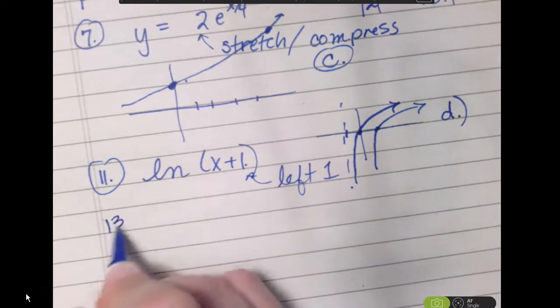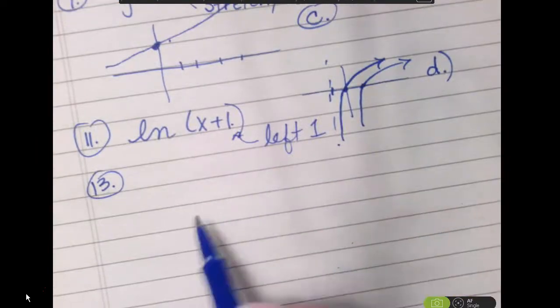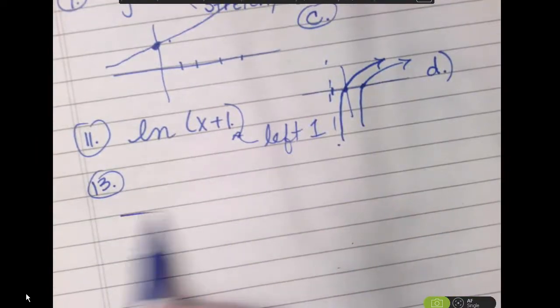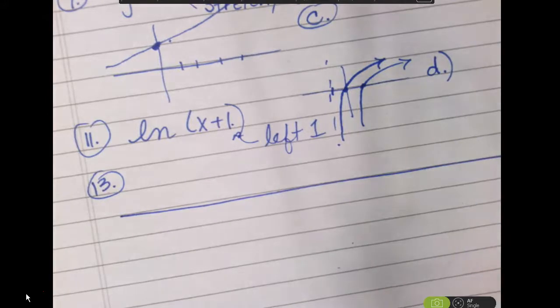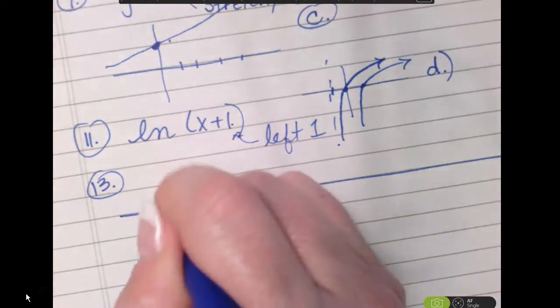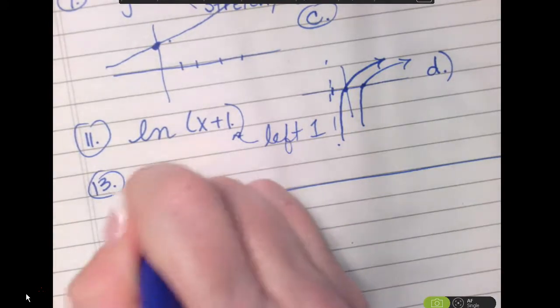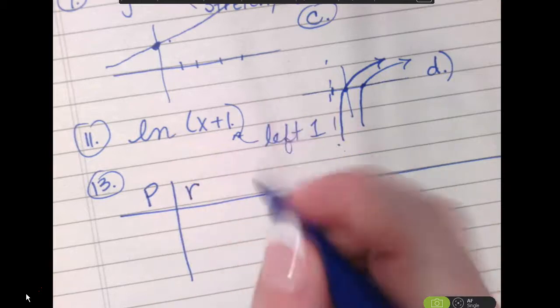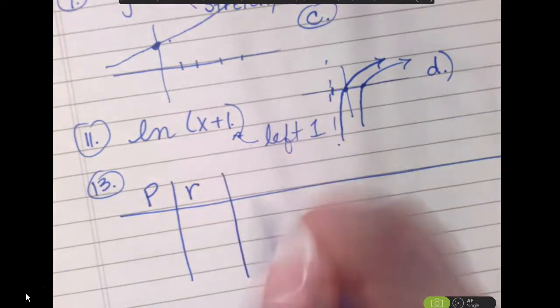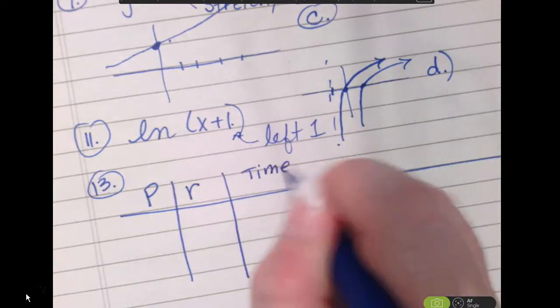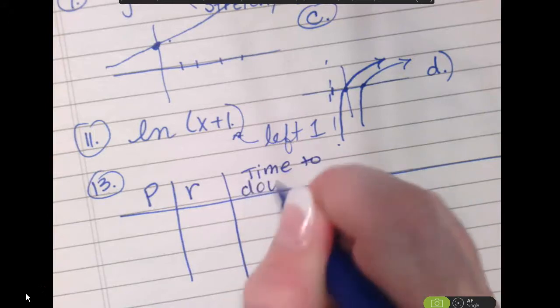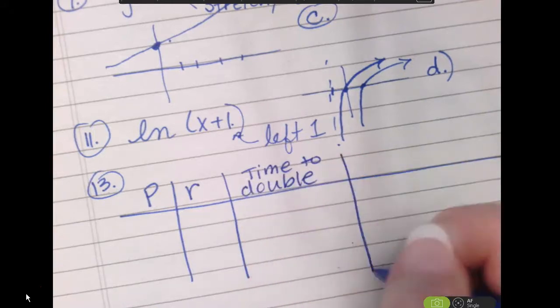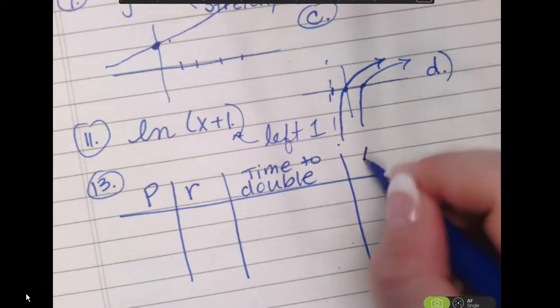Number 13 is an interest formula problem. So let me go ahead and copy the table a little bit, because I've got to do 13 and 15 on this one. So my initial investment is P, my rate is r, the time to double, and the amount after 10 years.